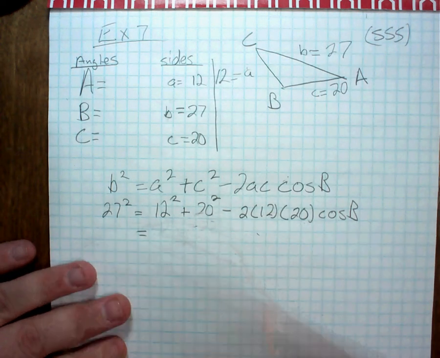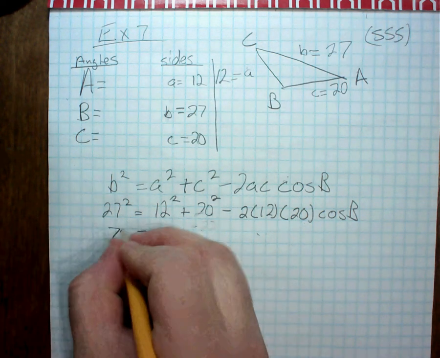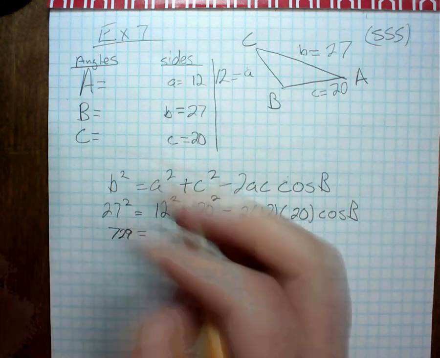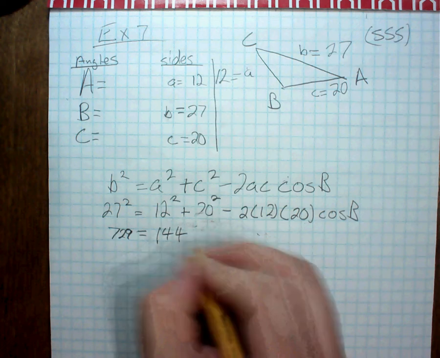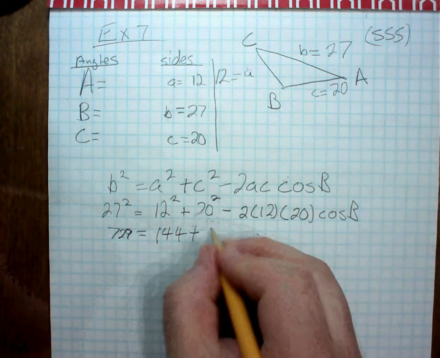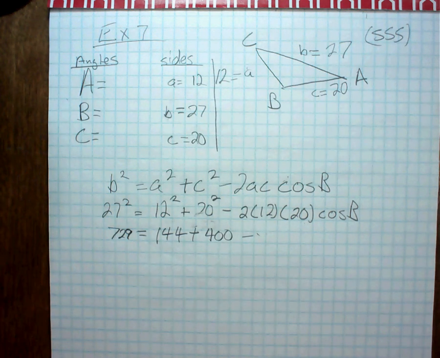So on the next line, I'm going to get 27 squared, which is 729, equal to 144 plus 400 minus 2 times 12 times 20, which would be 480, I think.